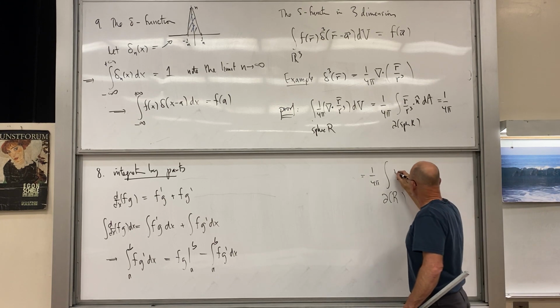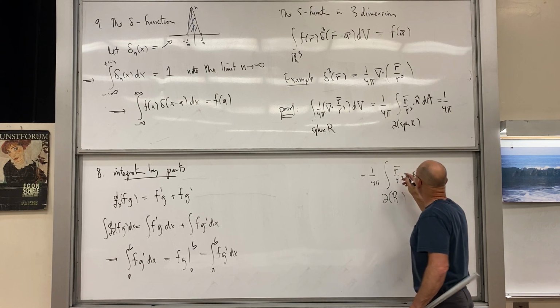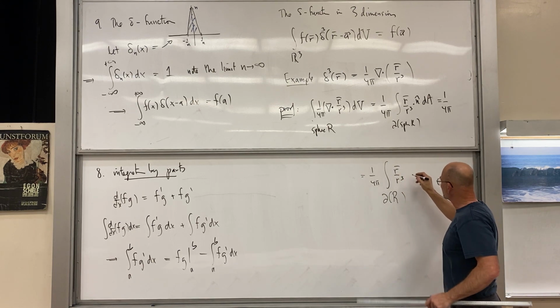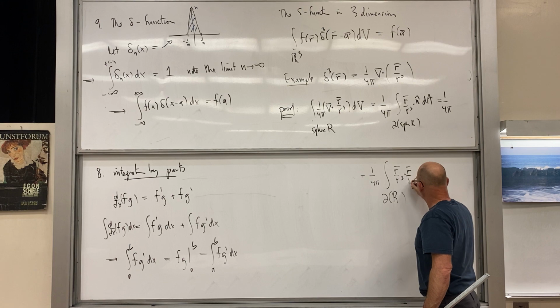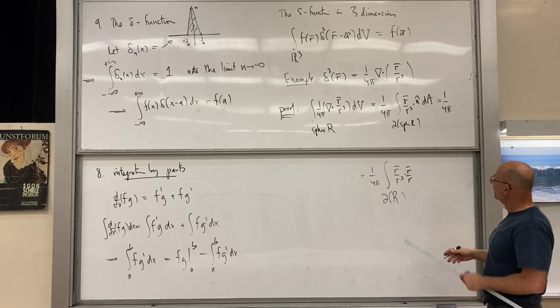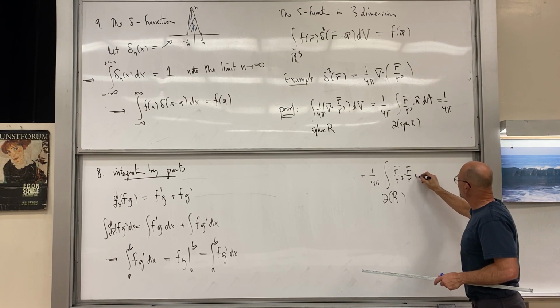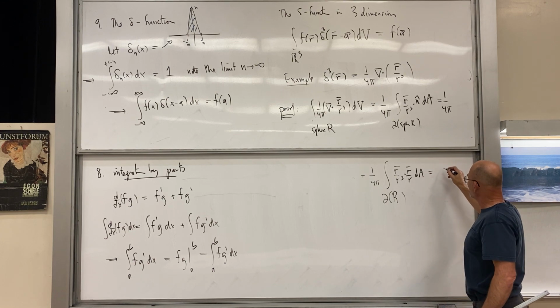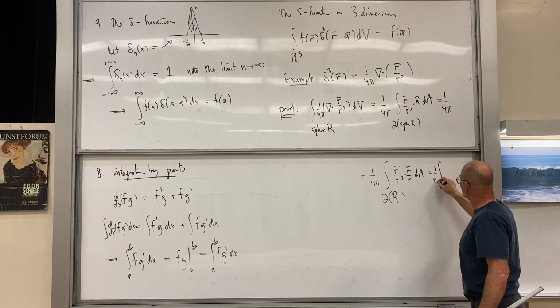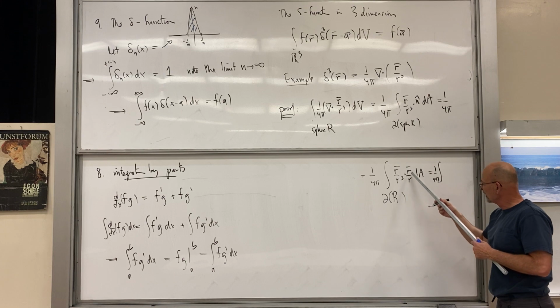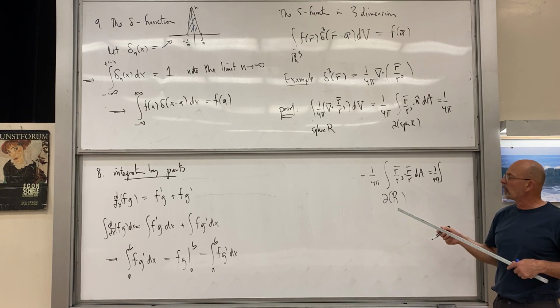So we have r over r cubed, but that unit vector on the surface of the sphere is just r over r. So what is that? The integral of 1 over 4 pi, r squared over r to the 4th.